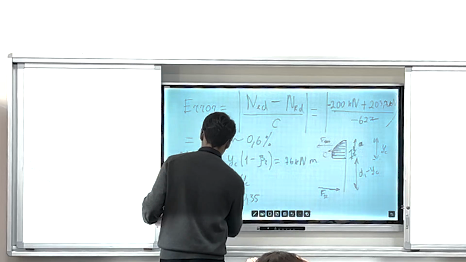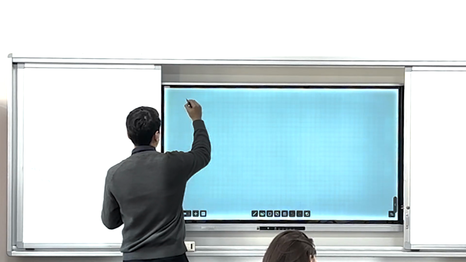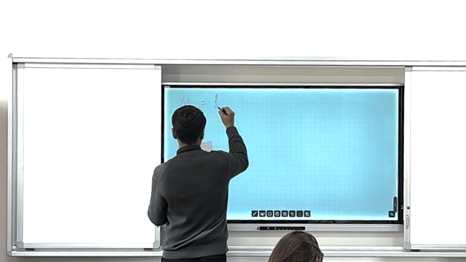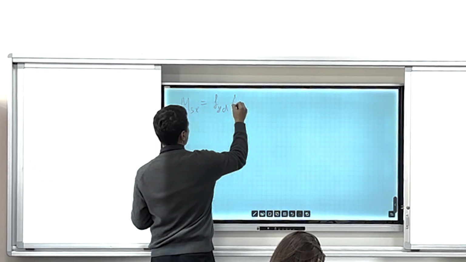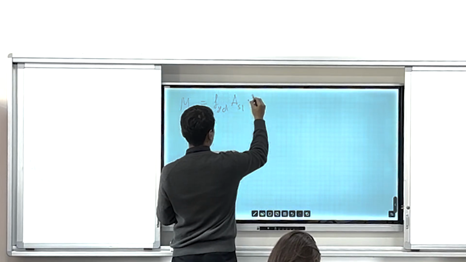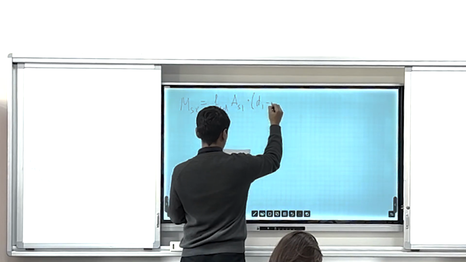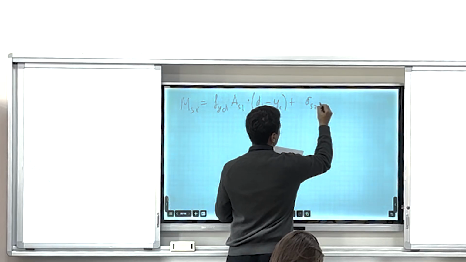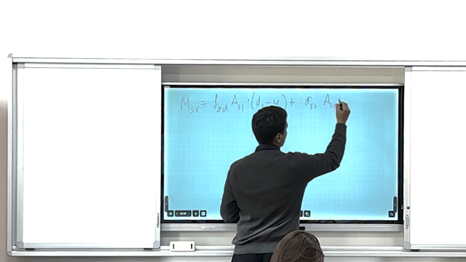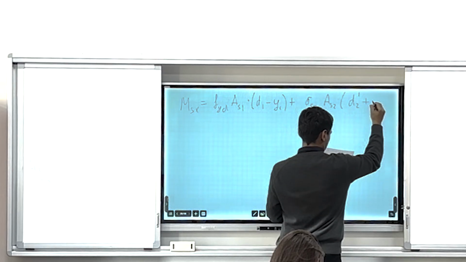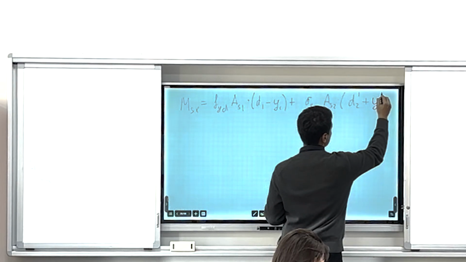Then let me write the bending moment for the bottom rebar and top rebar. We have fyd multiplied by As1, then the lever arm, which is d1 minus yc, plus sigma s2 multiplied by As2, then the lever arm, which is d2 prime plus yc.